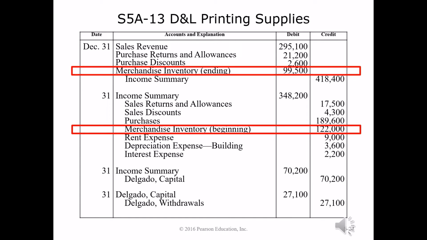Hopefully you can see that the net effect between crediting the merchandise inventory account for the entire balance and debiting the merchandise inventory account for the new balance will affect our capital in the same way that the cost of goods sold would.